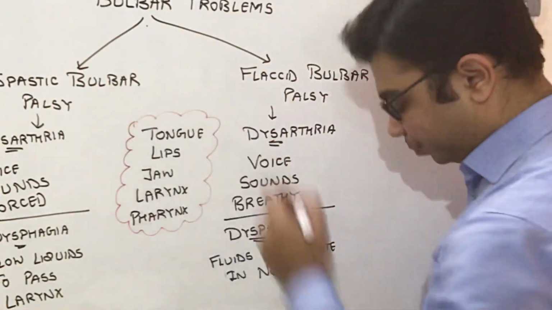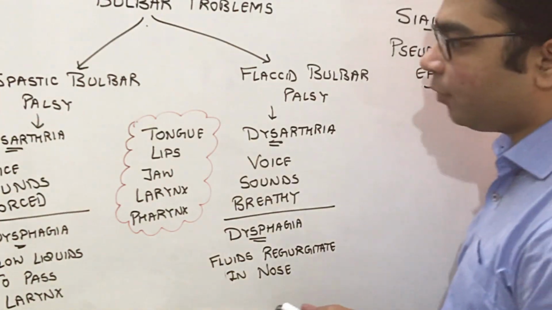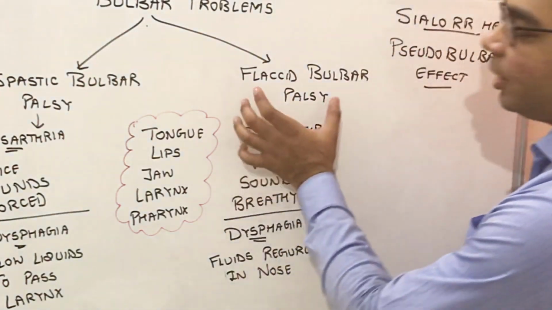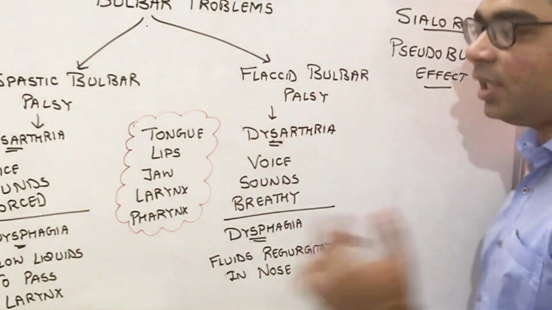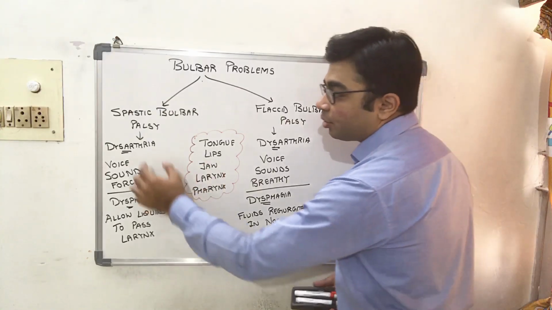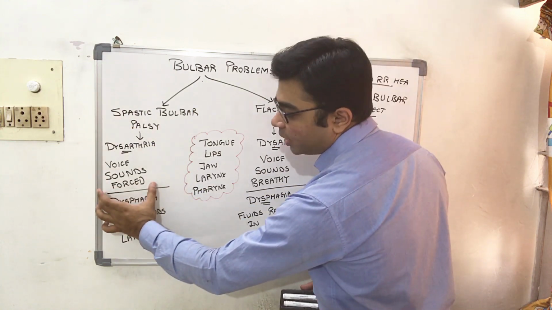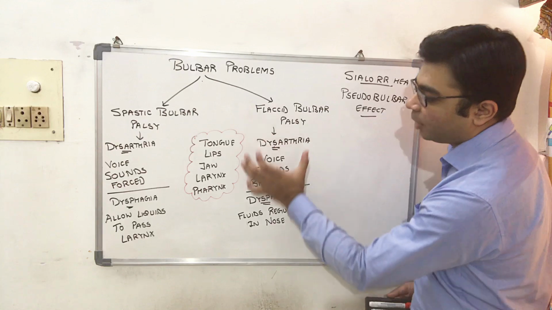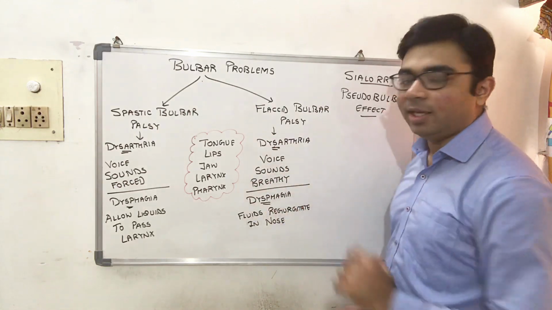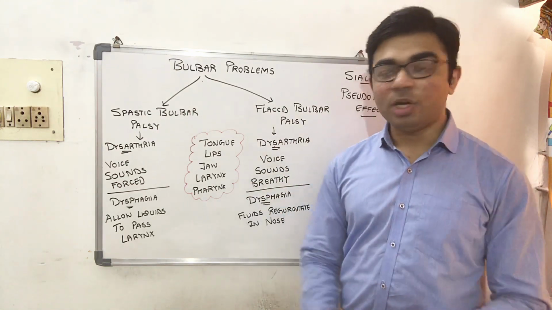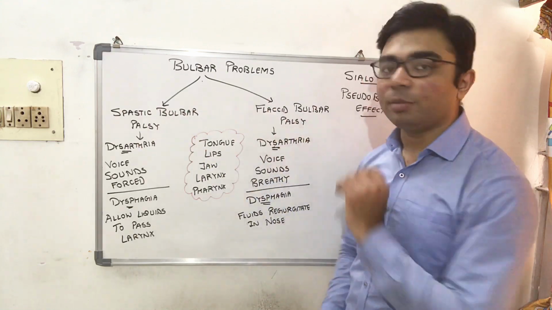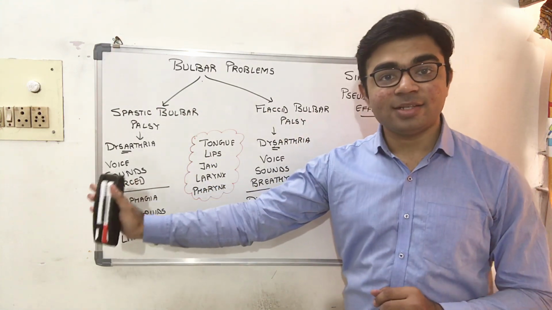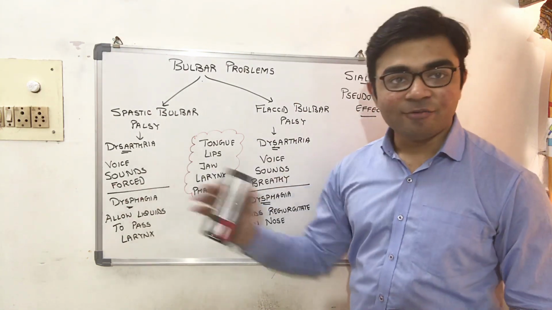In spastic bulbar palsy, we see dysarthria. In flaccid bulbar palsy, we also see dysarthria. But in spastic bulbar palsy, the voice sounds very forced, whereas in flaccid bulbar palsy, the voice sounds breathy. That is the main difference between them. Dysarthria is common in both, but the characteristic feature is different.